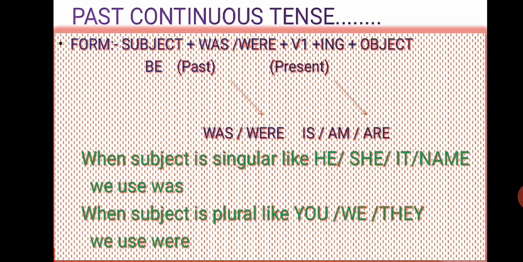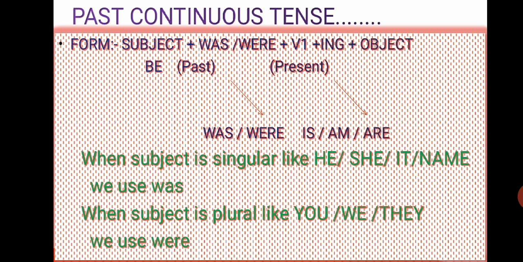The forms is/am/are are used in the present form, and we use was/were in its past form. Now, coming to the subject. When the subject is singular, like he, she, it, or any name, we use was. When the subject is plural, like you, we, they, we use were.